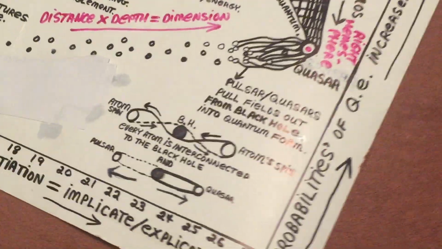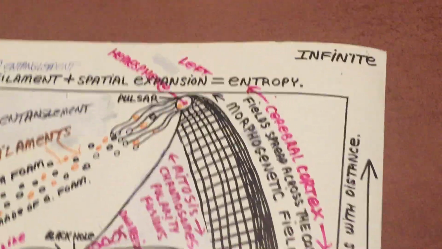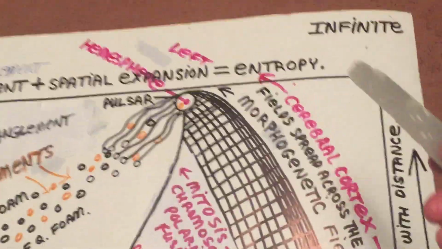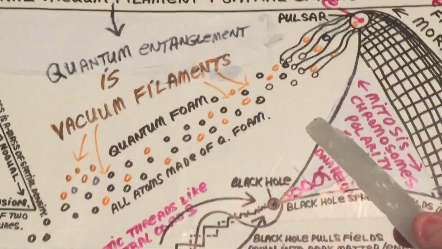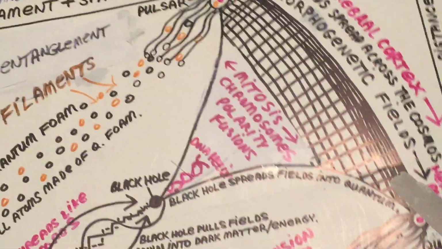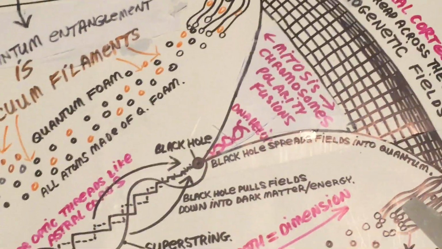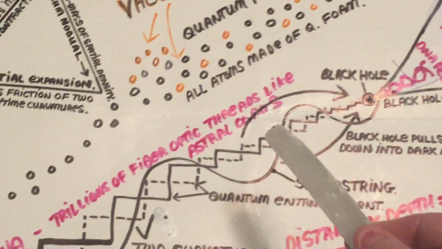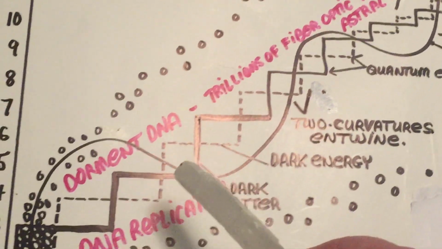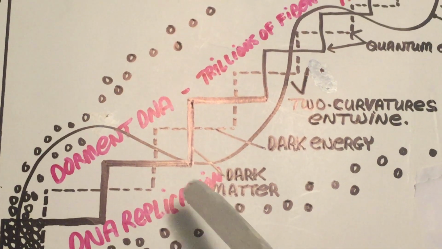Probabilities of quantum energy increase with distance. And here we've, of course, reached the infinite areas. So basically saying that the infinity of the universe comes to certain conclusions of definition and folds back on itself, folding back into our creation, our DNA replication.